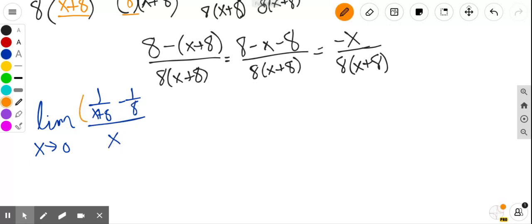And we figured out that this we can rewrite and it becomes what we just found. It becomes a negative x over 8 times an x plus 8. It's still being divided by that original x there. So hopefully my color coding makes sense, even though I kind of shifted things. So this is what we're trying to find the limit of.